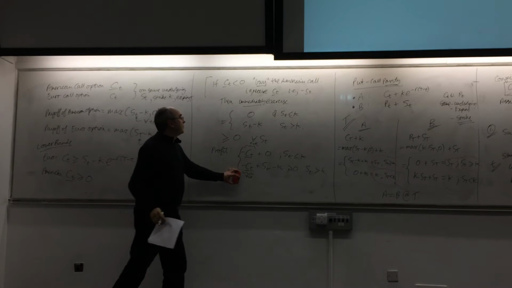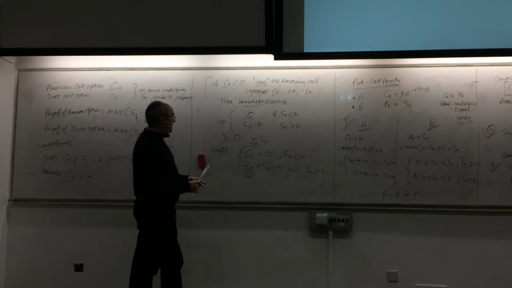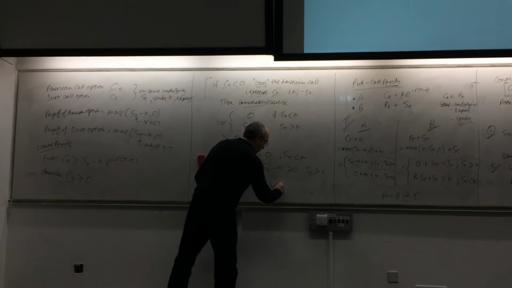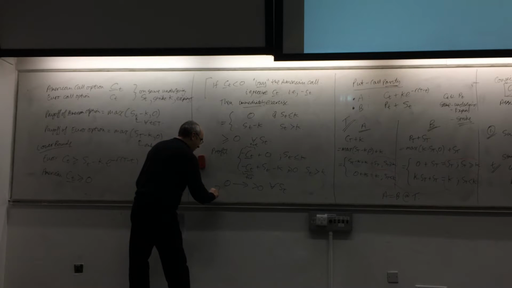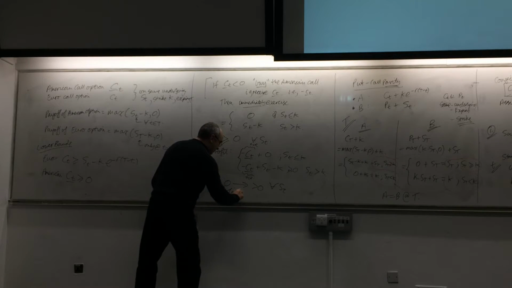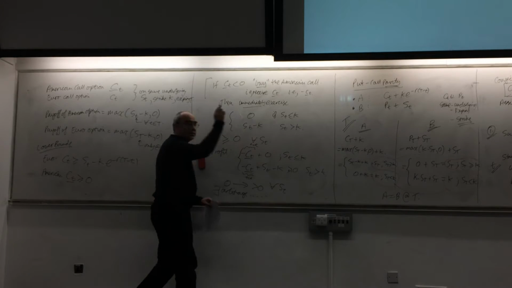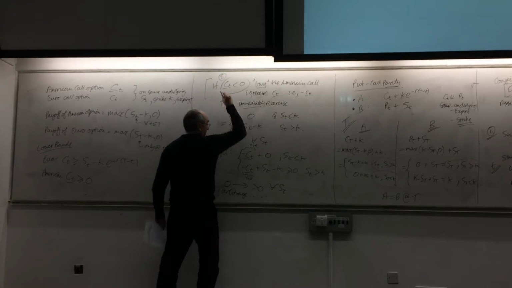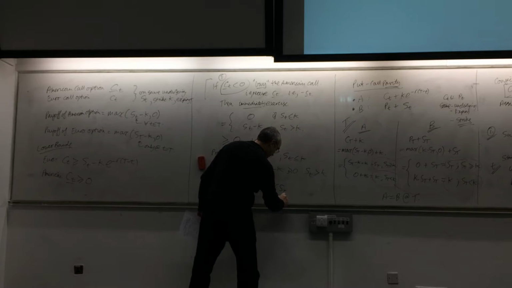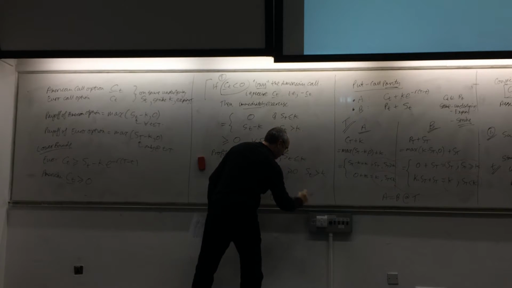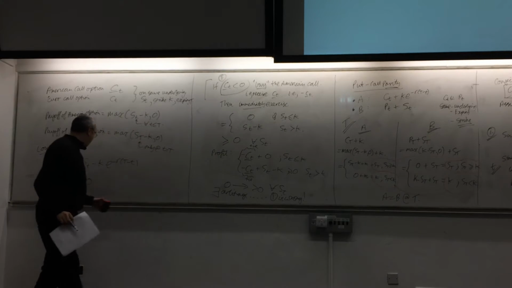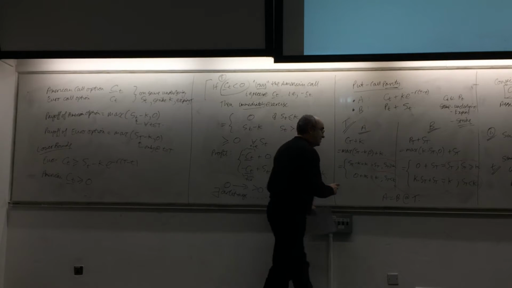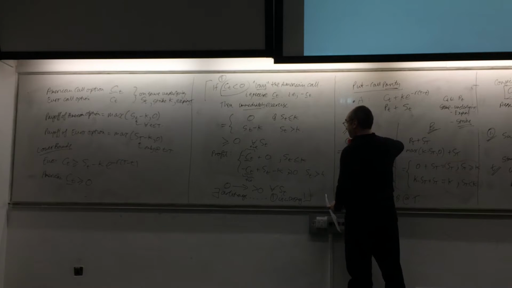So overall, I go from 0 to something greater than 0 for all possible values of ST. Therefore, there exists arbitrage, a violation of arbitrage. That has to be wrong. So that basically proves this. The value of a call option is always greater than or equal to 0.